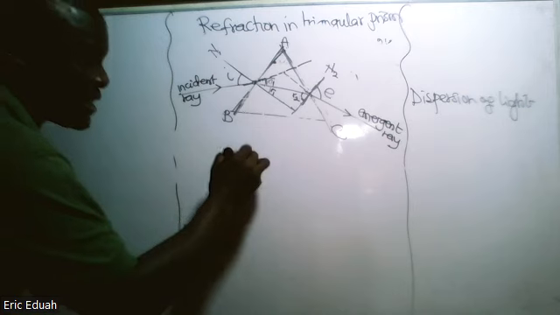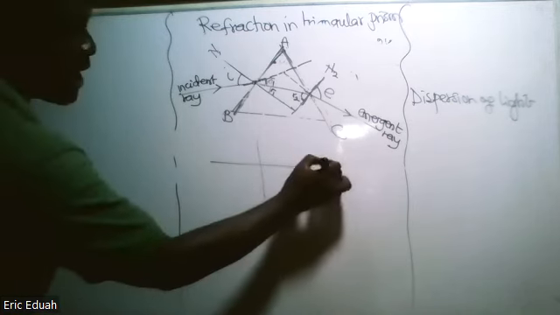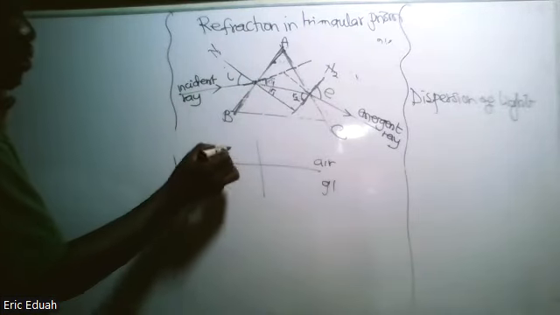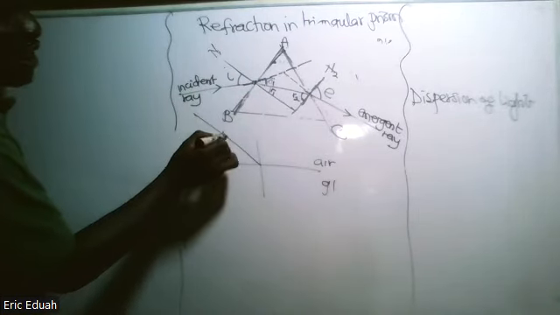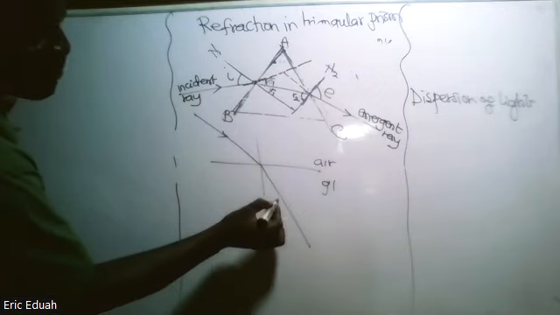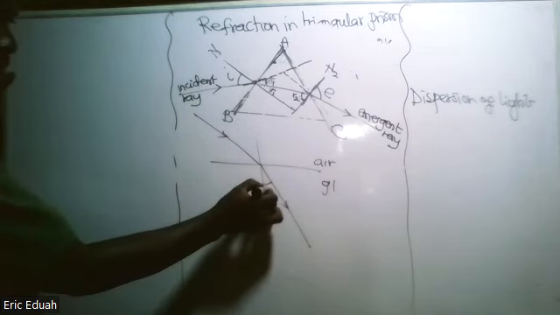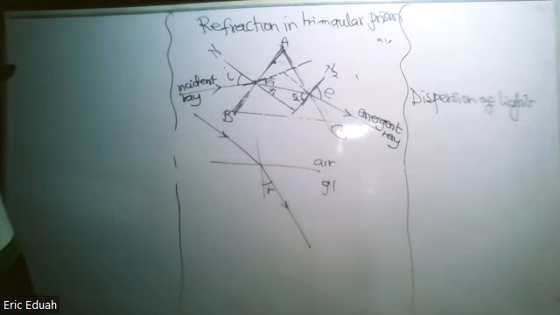Listen, in refraction, let me revise this with you. Air to glass. Whenever light is moving from air to glass, it will be deviated towards the normal, isn't it? This is the angle of refraction.